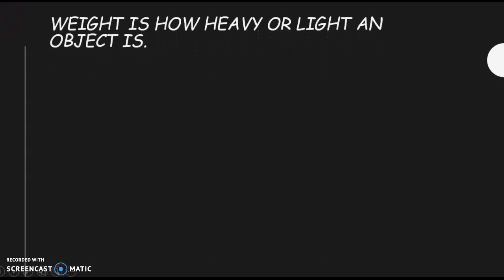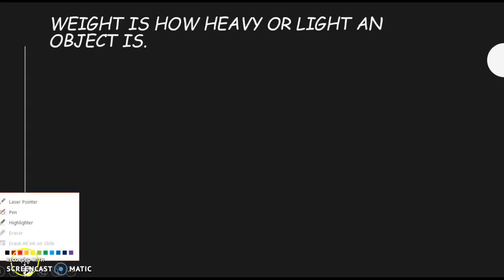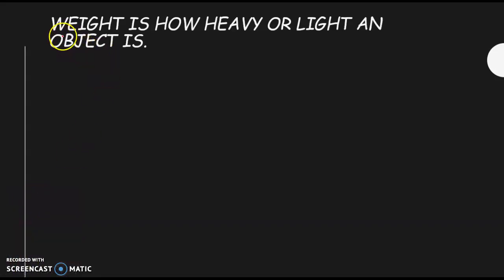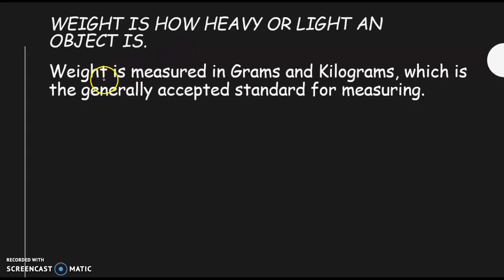But before then, let's quickly have a review of what we said in our last class. We defined weight as how heavy or light an object is. That means an object can be very heavy or it can be light. Weight is measured in grams and kilograms, which is a generally accepted standard for measuring items.